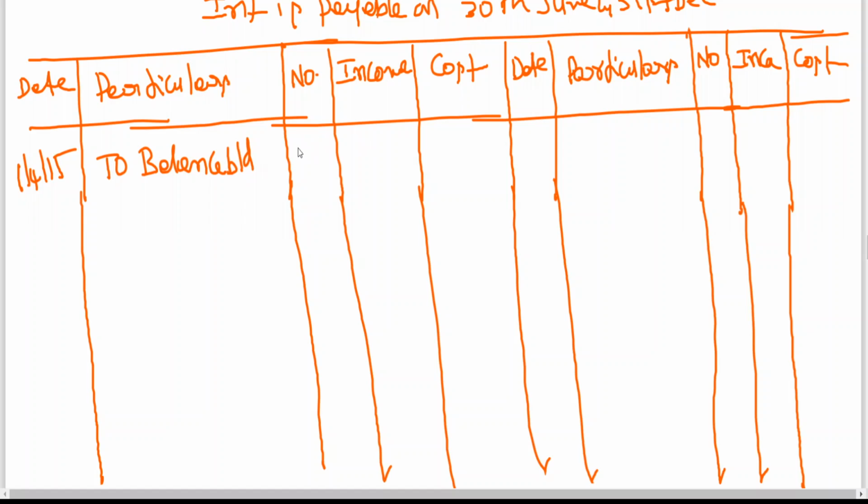We are having 1000 debentures. We have calculated accrued interest already, it is 3,750. I have written number. You can also write face value, which means 1000 into 100. But here I am writing number. Cost is 1,05,000. This is complete.